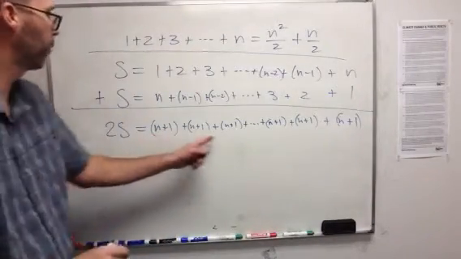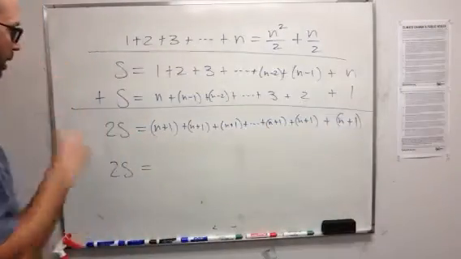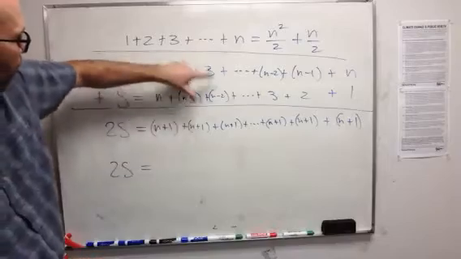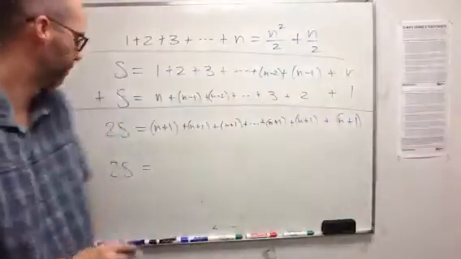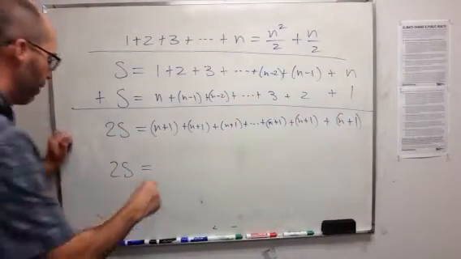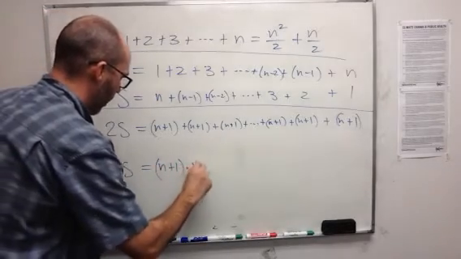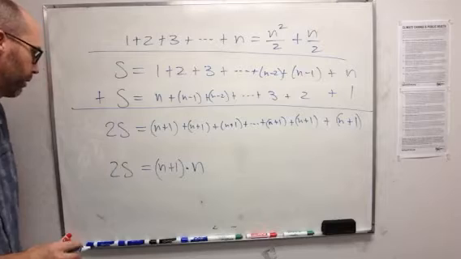Let's see how many n plus 1s we have there. We have a counter actually: 1 of them, 2 of them, 3 of them, up to n of them. So here we have n plus 1 added to itself n times.